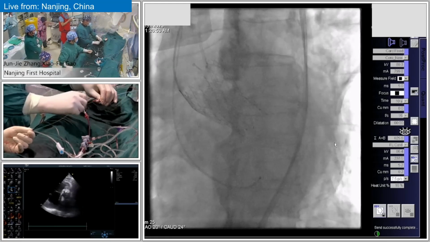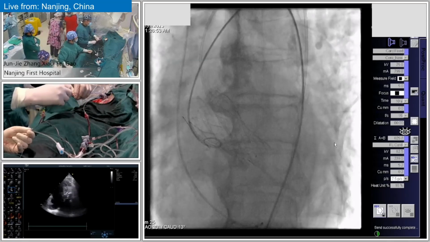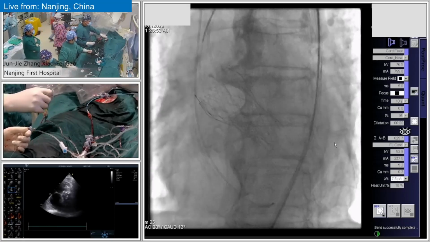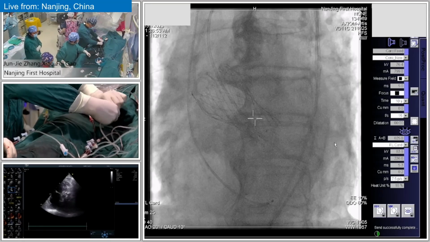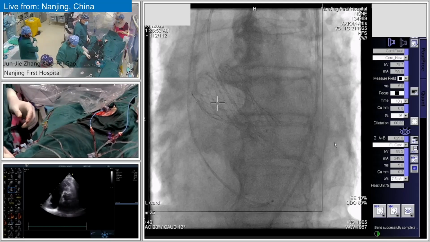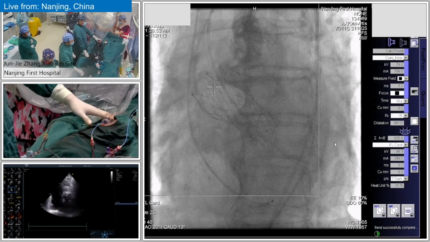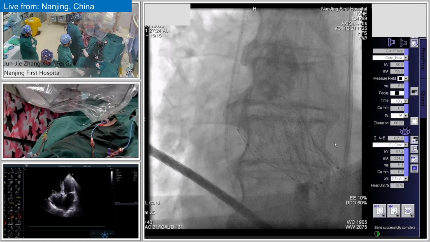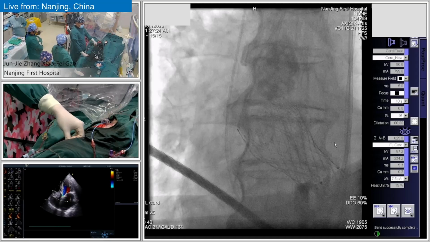Dr. Zhang Juan, can you evaluate the echo? Okay, good. You can lower the blood pressure appropriately. So can you explain the echo result after valve implantation?